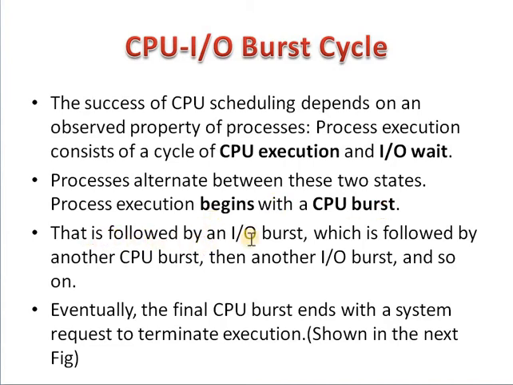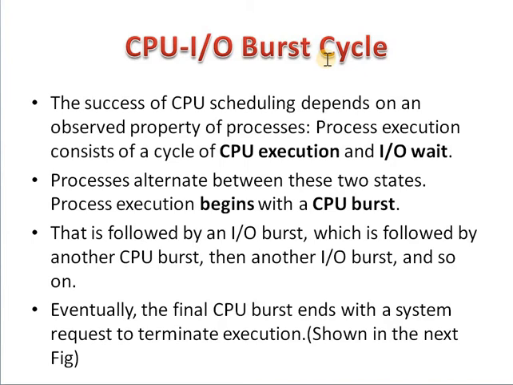That is followed by an I/O burst, which is followed by another CPU burst, then another I/O burst, and so on until the execution of that particular process is completed. Eventually, the final CPU burst ends with a system request to terminate the execution. That CPU and I/O burst is shown in the figure.